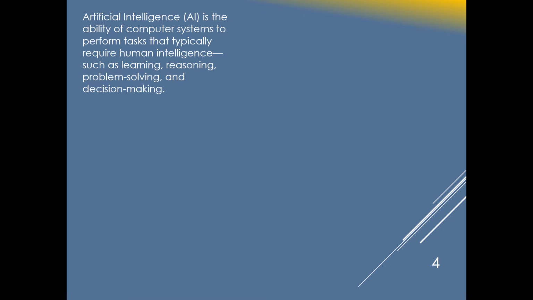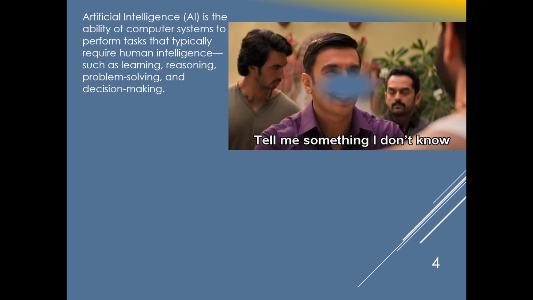If I go with the definition, AI is the ability of computer systems to perform tasks that typically require human intelligence, such as learning, reasoning, problem solving, and decision making. I also found a good clip from the internet. In simple terms, when we use AI, we are essentially saying, hey AI, bring your intelligence and help answer my queries.